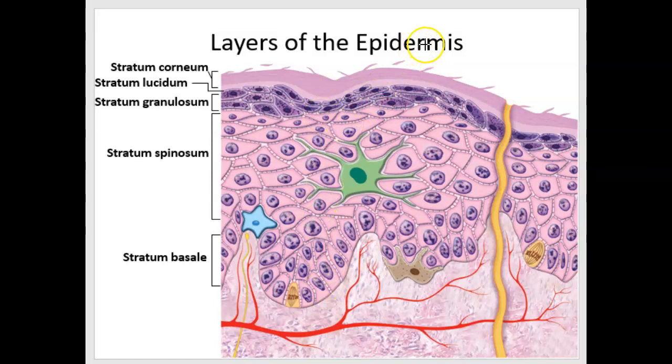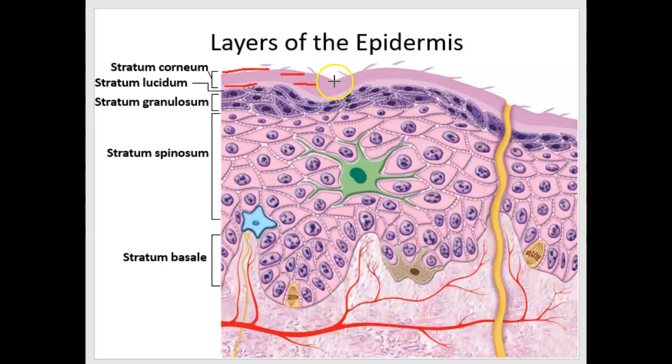So I'm going to start superficially. The top layer that you can see is called the stratum corneum. The stratum corneum has dead keratinocytes, and what's left over after these cells fracture are the keratin proteins, or bundles of keratin proteins, giving us a nice barrier protection.